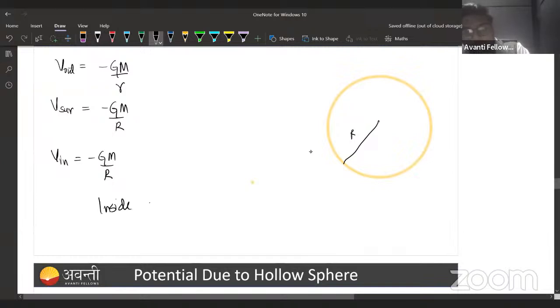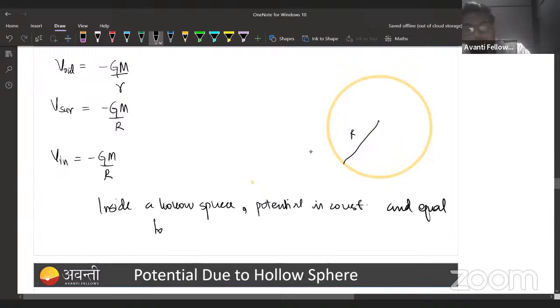Inside a hollow sphere, potential is constant and equal to the potential on the surface, not in the surface, but on the surface. Just write it down. This is very important. Inside the potential is this.